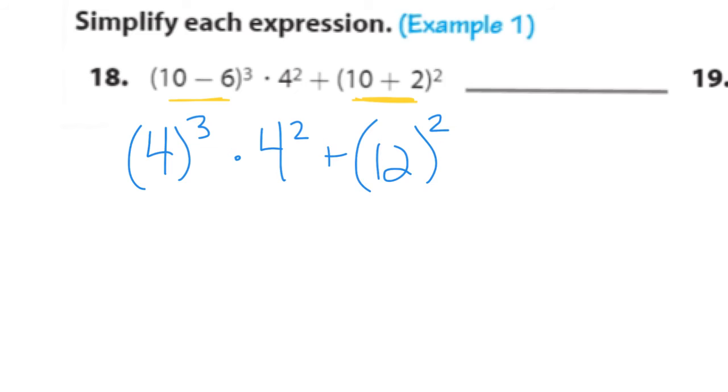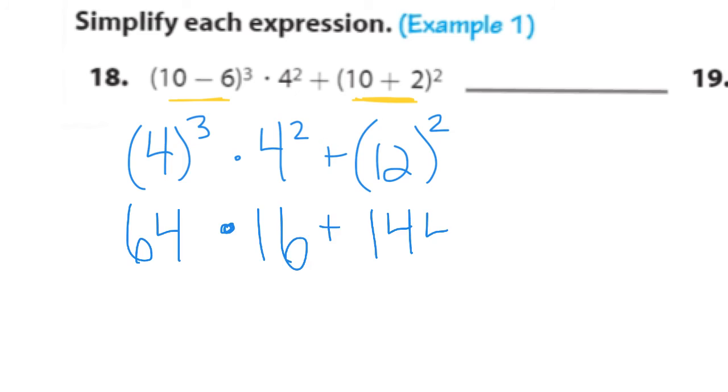And then next comes exponents. So you want to calculate 4 to the third power. So 4 times 4 is 16, times 1 more 4 is 64. 4 squared is 16, plus 12 squared is 144.